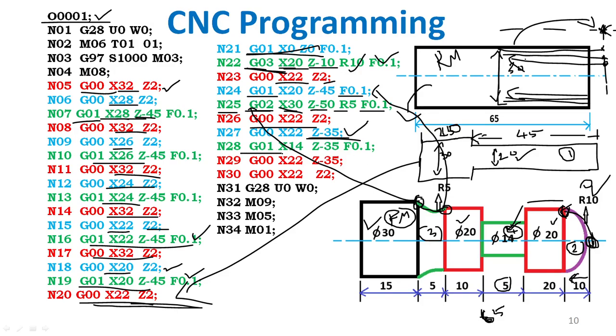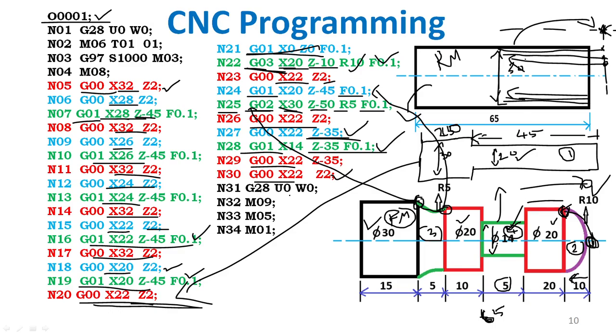Linear interpolation, X is 14, Z minus 35, feed rate 0.1. Then move to the safety position X22 Z minus 35, and finally the safety position X22 Z2.